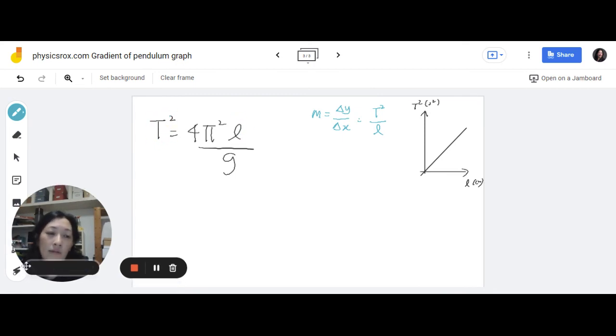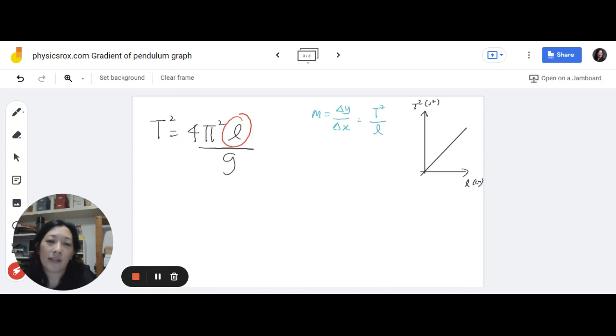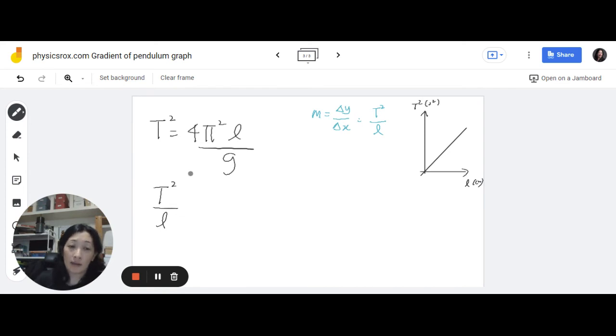So we're going to take L and move it down here so that we get T squared over L on the left-hand side. And what is remaining on the right-hand side? We have 4 pi squared over G.